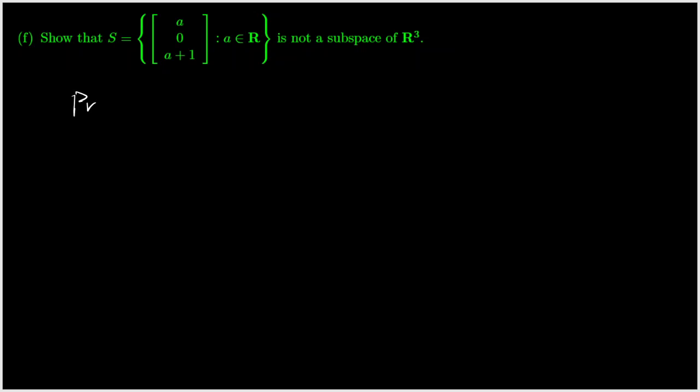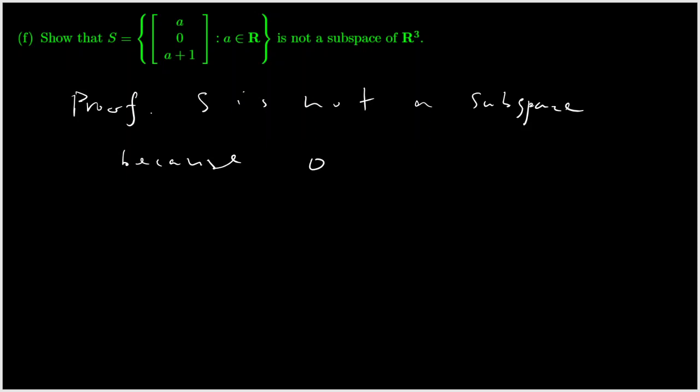Okay, now you just say proof. S is not a subspace because the zero vector, in this particular case the zero vector in R3, is not in S. Again, the zero vector is not in S, because the third component is not one more than the first component, right?